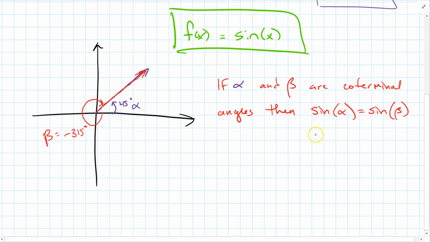And of course cosine of alpha would equal cosine of beta, and tangent of alpha would equal tangent of beta, and so on.